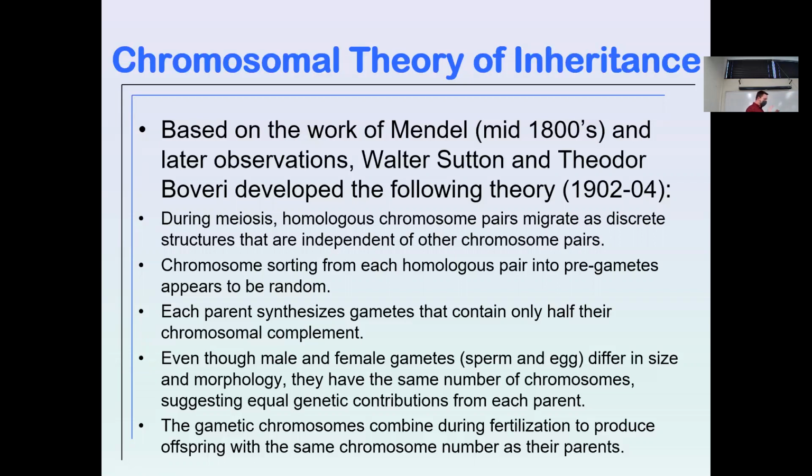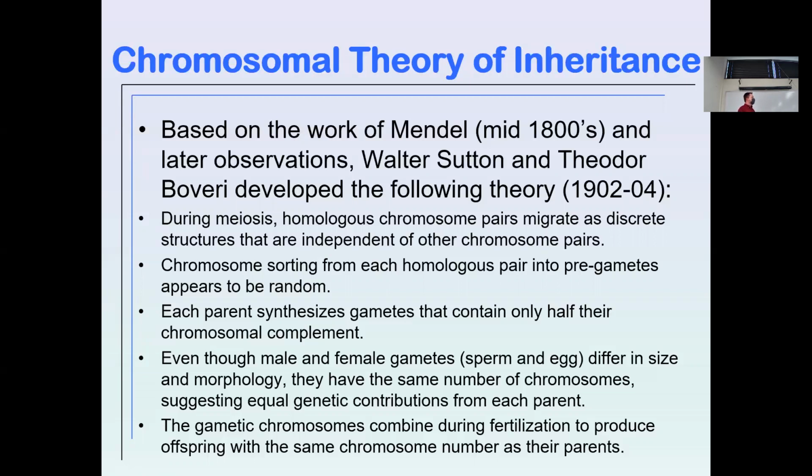They proposed a theory in the early 1900s that chromosomes are in fact what's spreading hereditary information, what's spreading genes. They combined observations that had been published about chromosome migration during mitosis and meiosis, how they are getting sorted. They begin to observe crossovers.